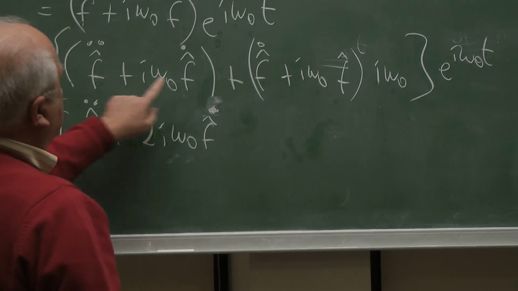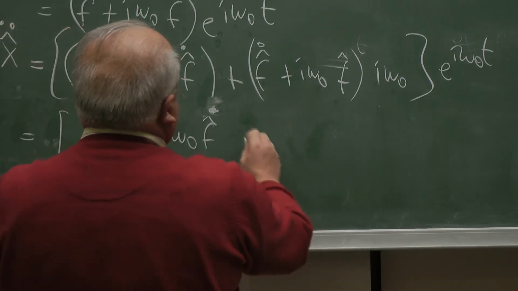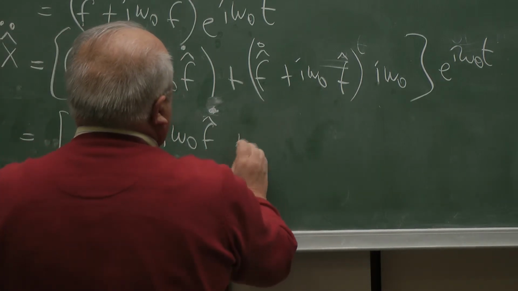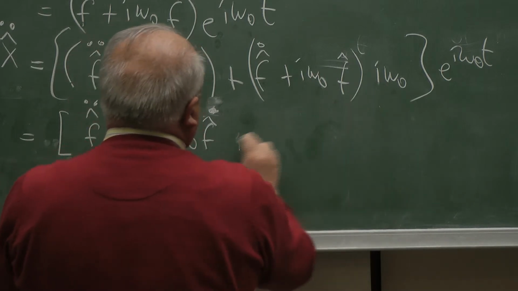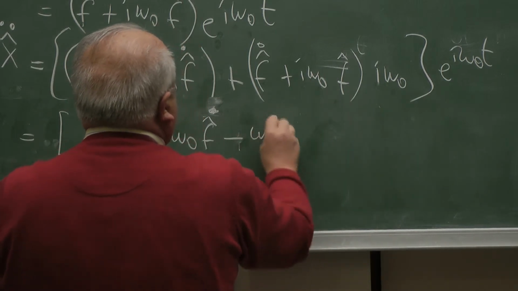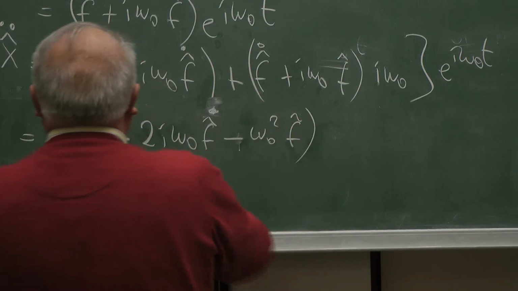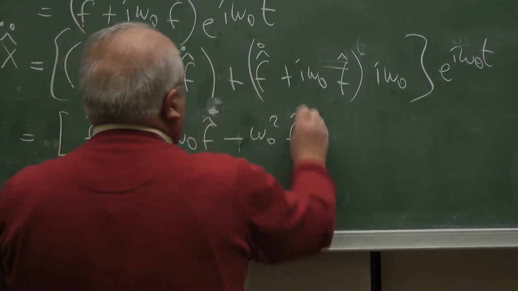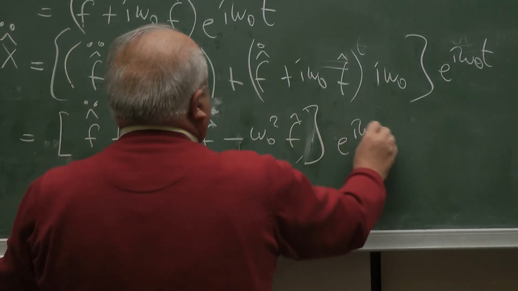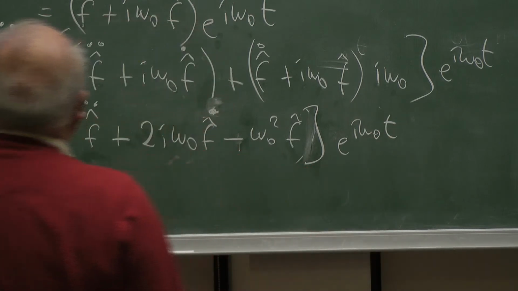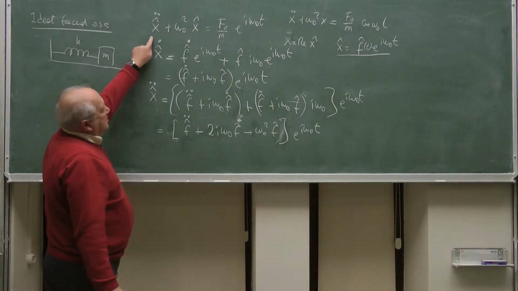So the i omega 0 f terms are gone, these two are gone, plus or minus i omega 0 times i omega 0 gives minus omega 0 square f, times e to the i omega 0 t. This is the double dot part.